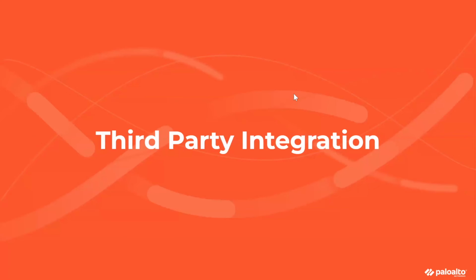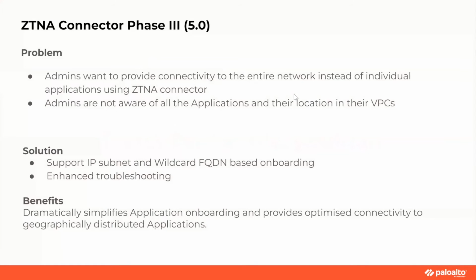And then second, I'm coming back to the Zigna connector. For those of you who are not familiar with the Zigna connector, we actually launched this product about 10 months ago or 12 months ago. What it does is that Zigna connector is basically a VM that our customers can deploy in their environment that automatically forms the tunnels back to Prisma Access and allows customers to automatically onboard private applications to Prisma Access.